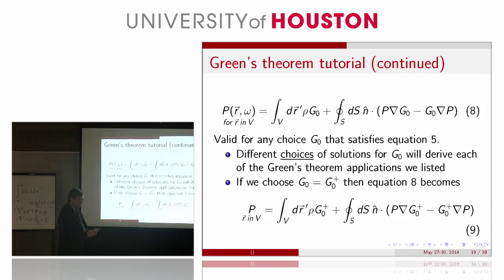For wavefield separation, we can't make any choice. Let me explain. So, is it clear? For wavefield prediction, any G0 that satisfies this in the volume will work. It doesn't have to satisfy this outside the volume, but in the volume. There's an infinite number of G0s. Understood? It's an inhomogeneous differential equation.